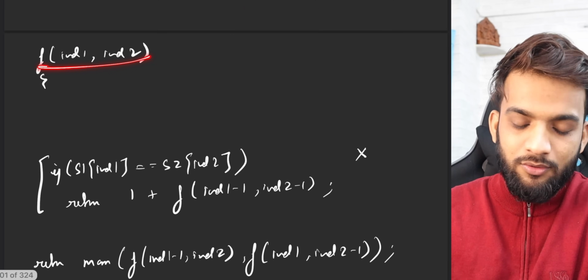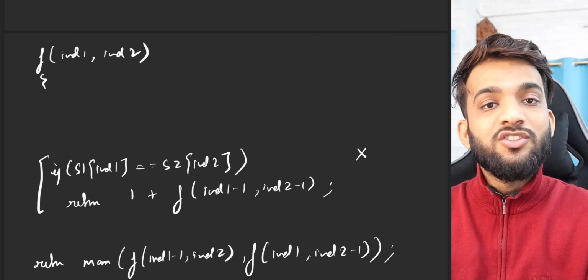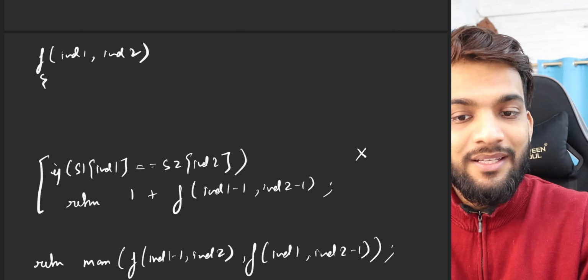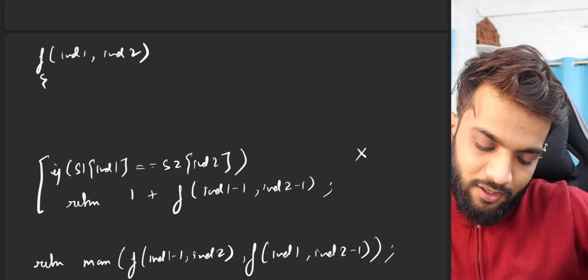So that was about the possibilities. But what is the other thing that's remaining? That's the base case. Think about the base case. When will the base case come? Let's come back and see.